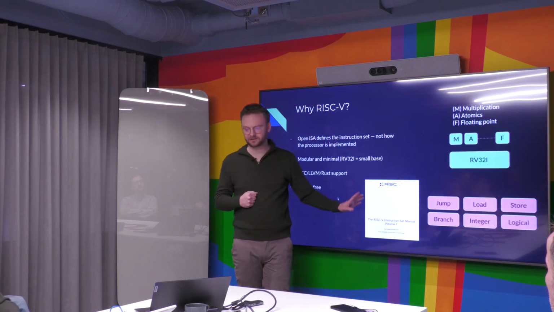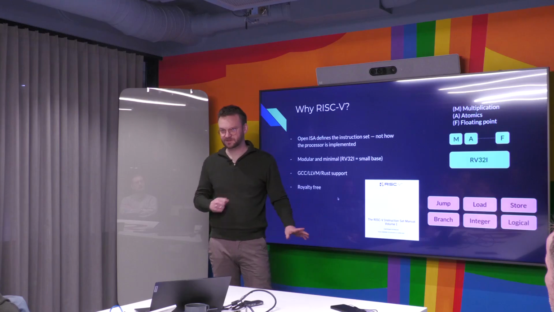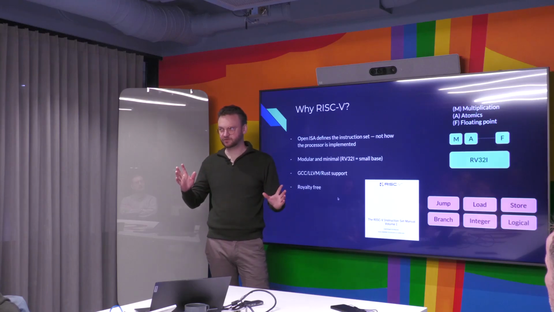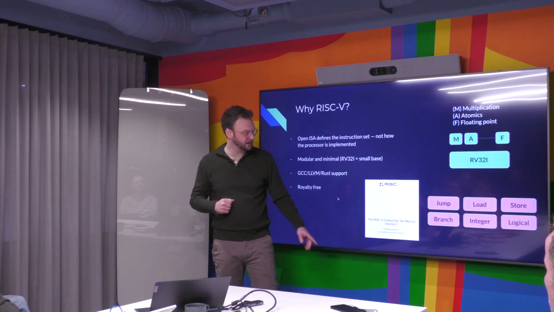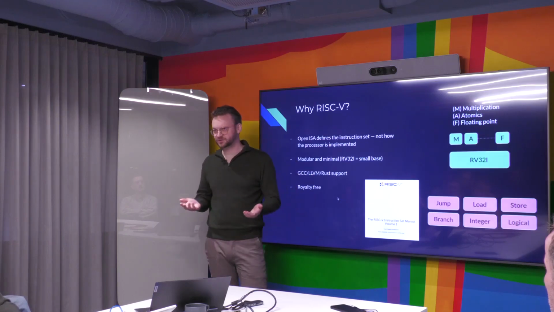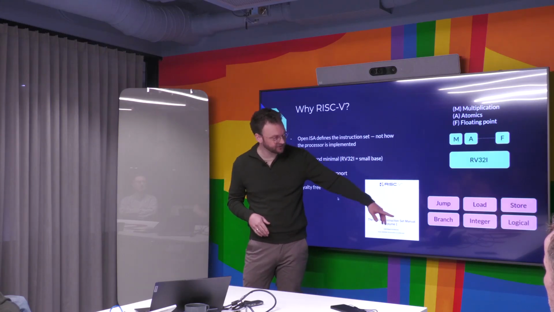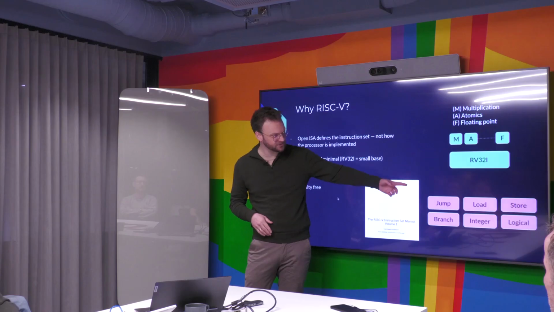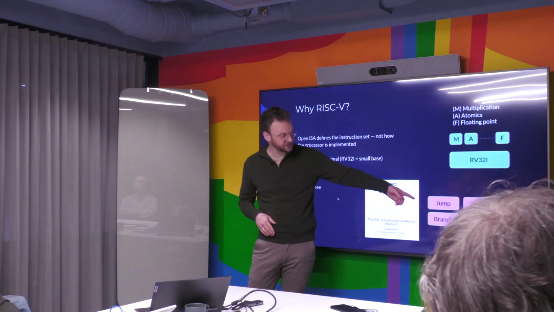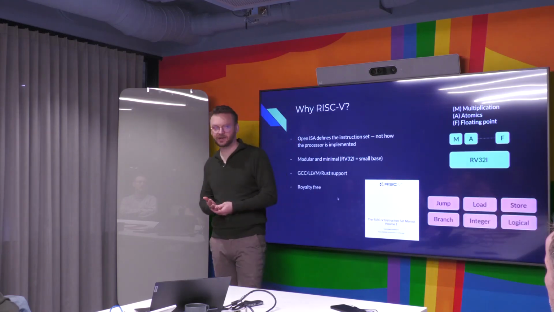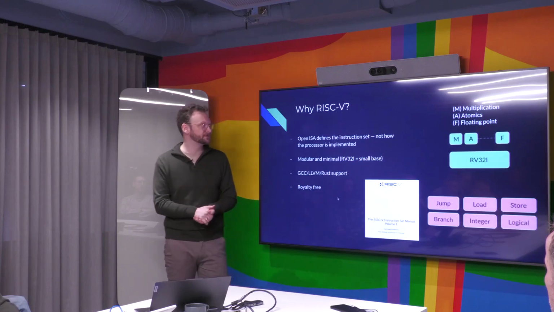And it's just 35 instructions. That's the base, that's everything you need to build a computer that runs Linux or whatever. That's everything. And it's not really that complicated, because you can group them into basically 6 categories: jump instructions, load instructions, store, branching, integer and logical, shift, XOR, and those kinds of instructions.